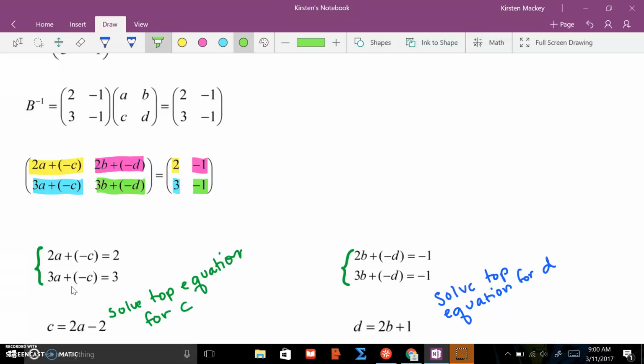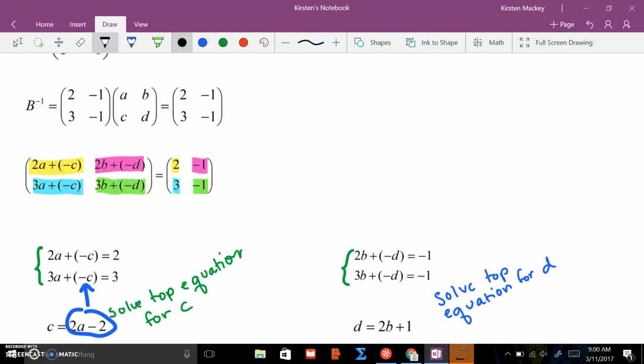So when we're using substitution to solve, what we want to do is I want to take this value of C and substitute it into that other equation for C. And that way I have a one variable equation which I can solve.